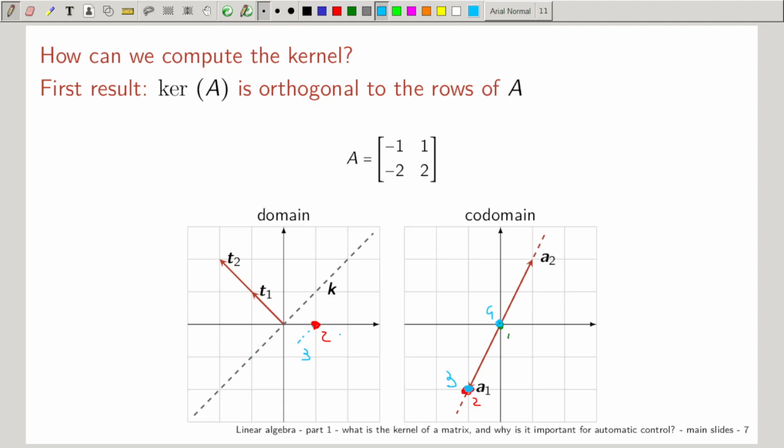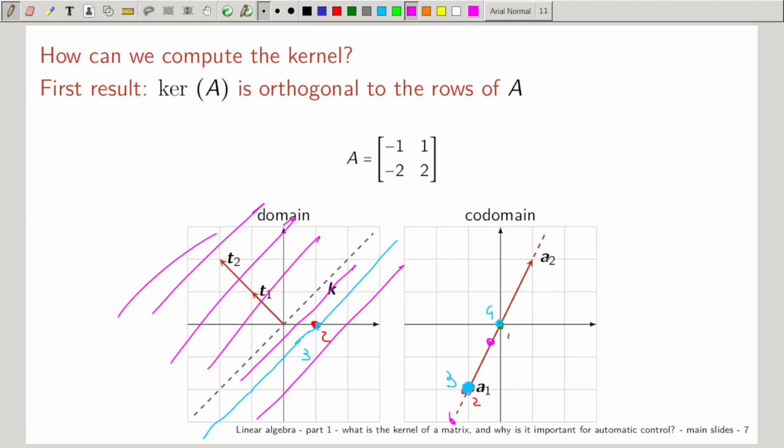Eventually, all the points along these, that is, all the points that are parallel to the kernel, will be all mapped into this point. This line here is going to be mapped here. This line here is going to be mapped here, etc. And you see how those lines parallel to the kernel, in a certain sense, each of them goes squished into one specific point. And indeed, the whole kernel is what? It's the stuff that goes squished into 0.